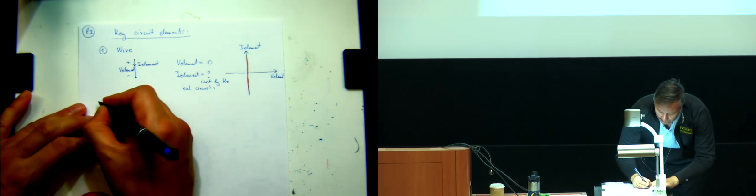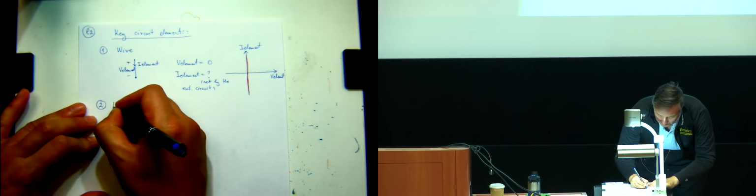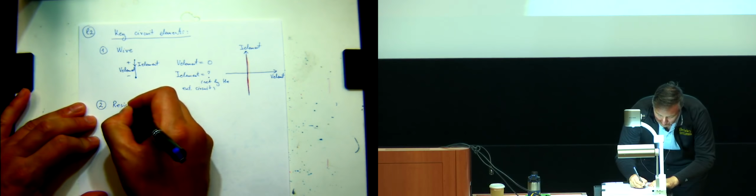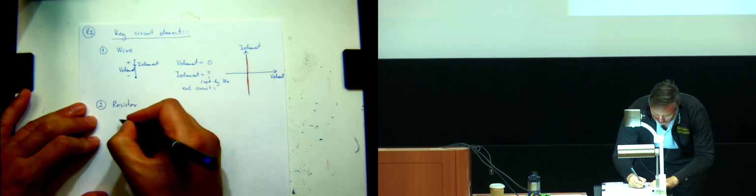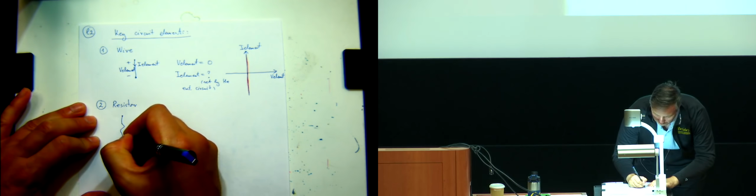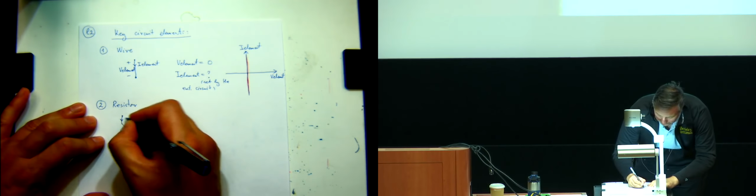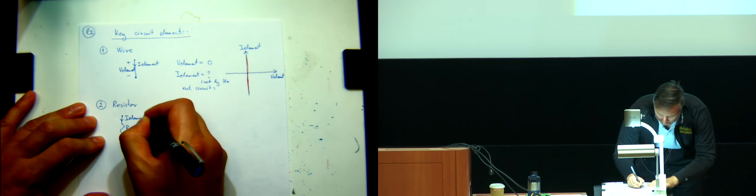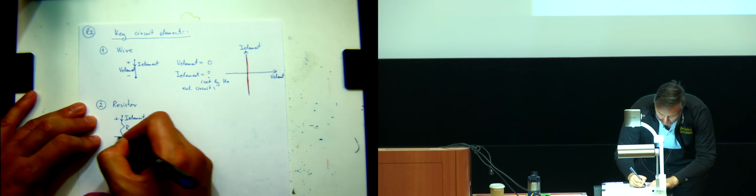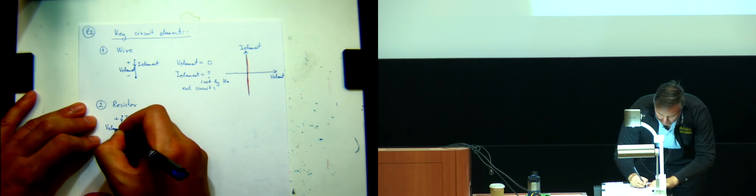Okay, so let's do the second element, the resistor. Now my artistic skills. Okay, so this is going to be R, I element, and again, plus minus V element.